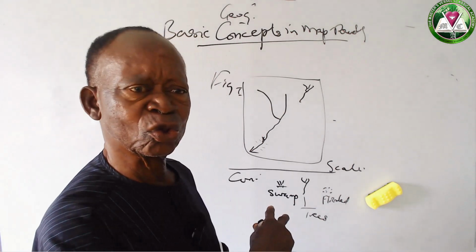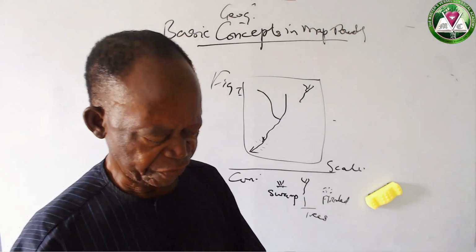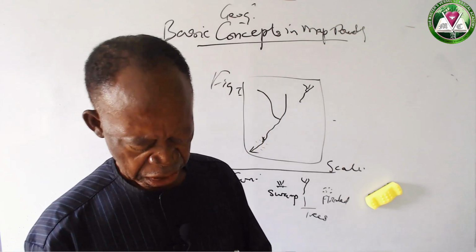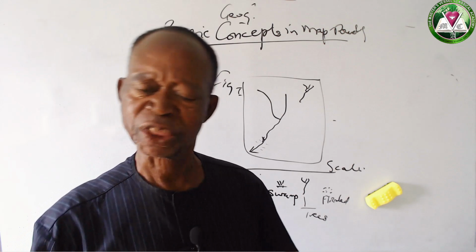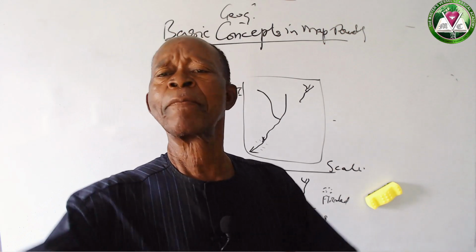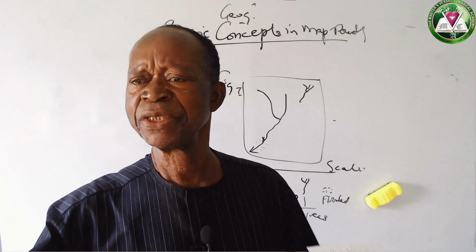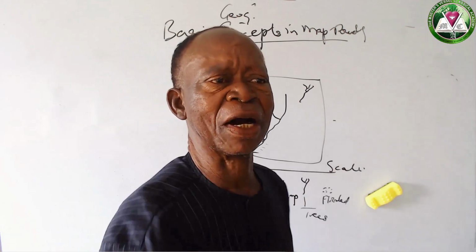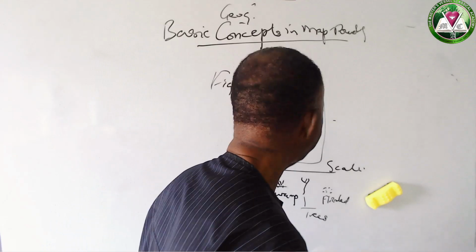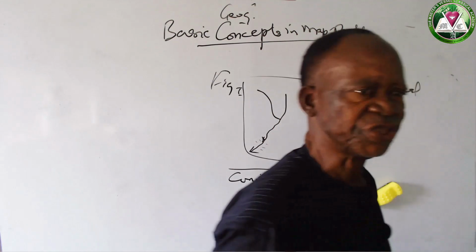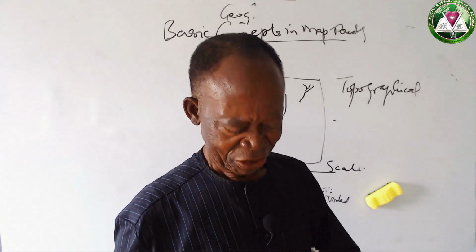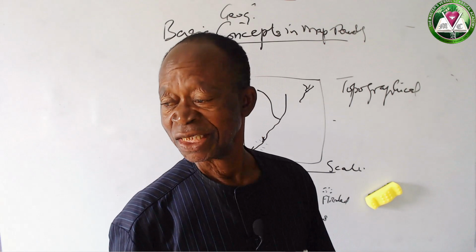But we cannot do these things without, first of all, knowing the types of maps. This will take time. As we progress, we shall be touching all the types of maps, like the topographical map, which is the real one and has so many things.